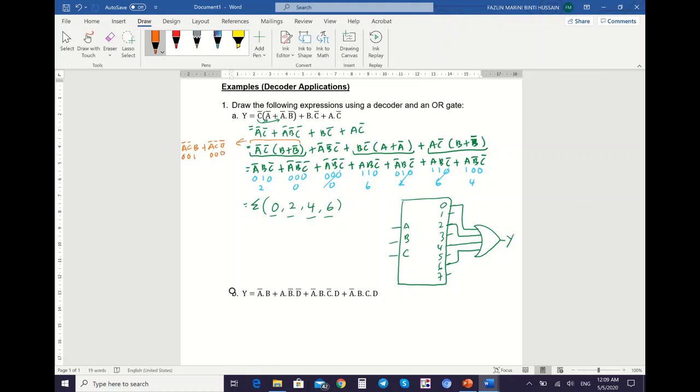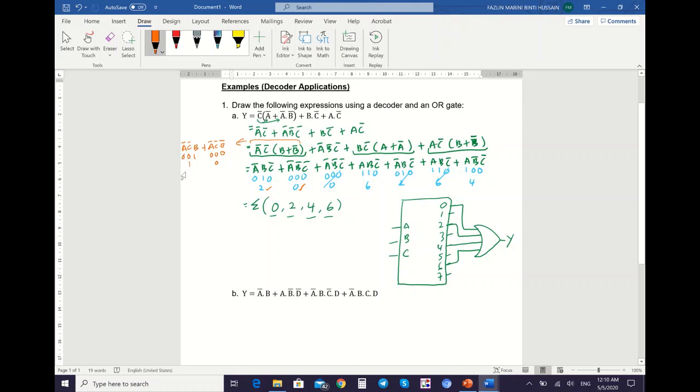And then what is the decimal? 0, 0, 0 is, of course, 0. Same with this value. But for this one, 0, 0, 1, when you read the binary as 0, 0, 1, of course you will convert to decimal 1, right? And then this is wrong, because the correct value is 0, 1, 0, which is 2, not 0, 0, 1 or decimal 1.